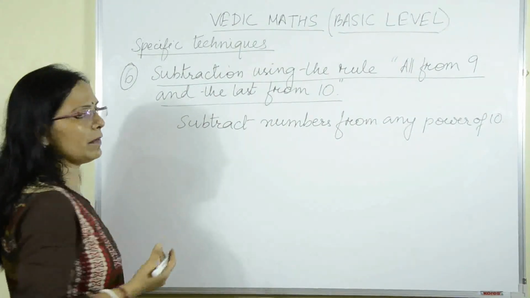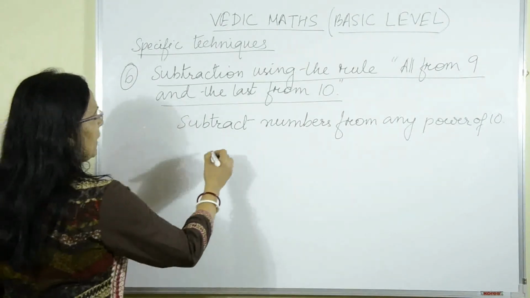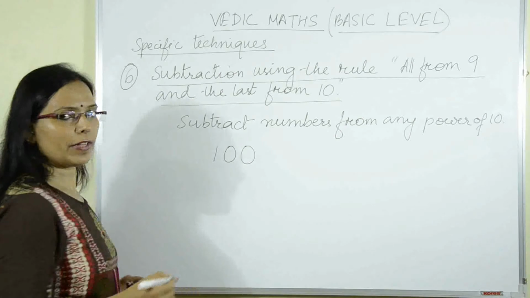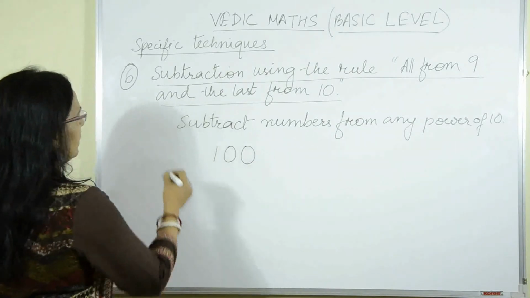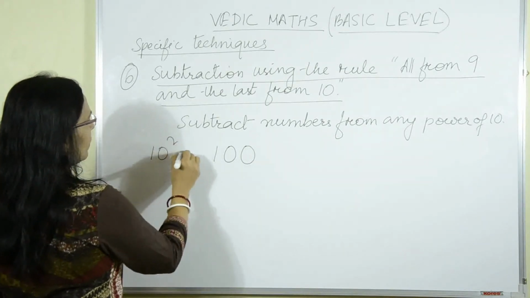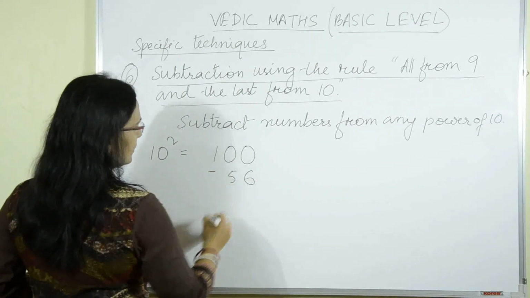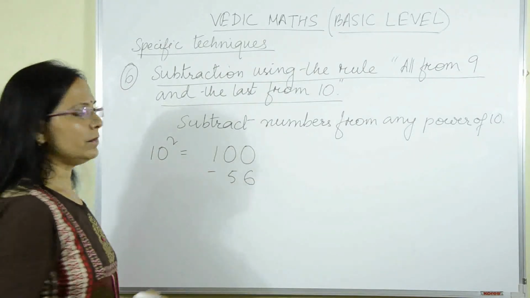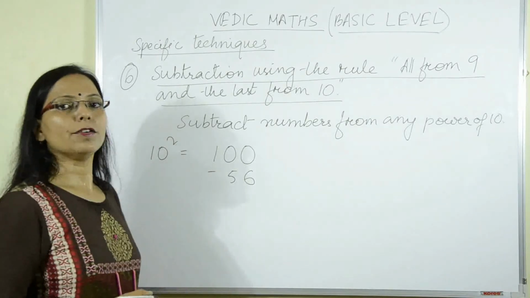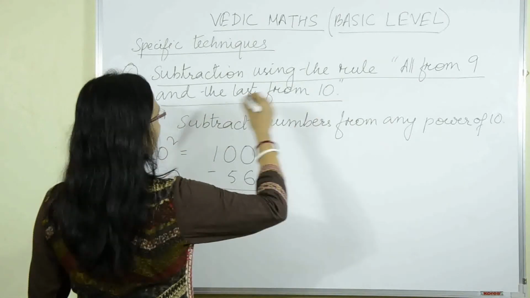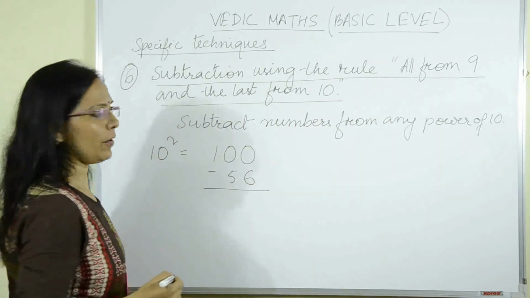The general number first. Say for example, I have 100. 100 is a power of 10, because 10 square is 100. We all know this. So I have to subtract 56 from 100. How do I do it? Here, all from 9 and the last from 10.